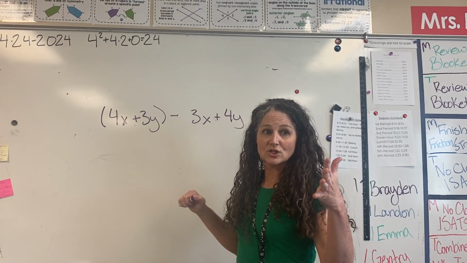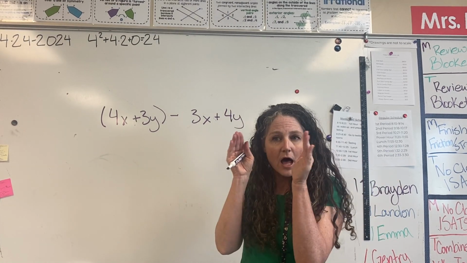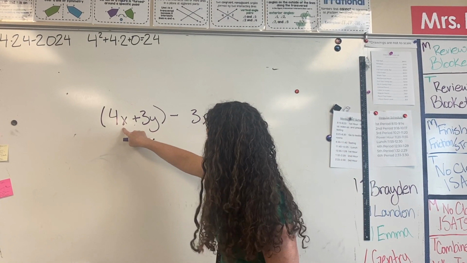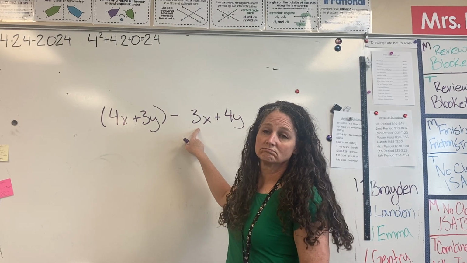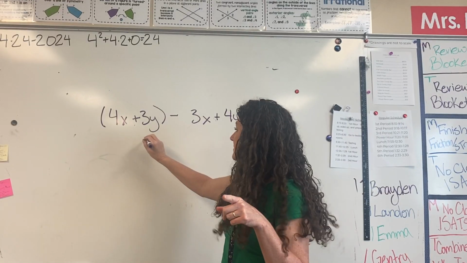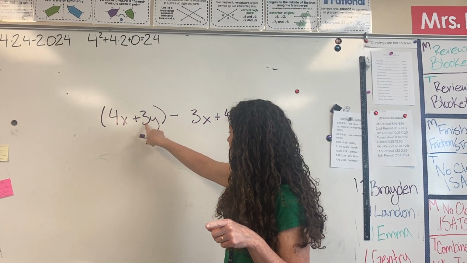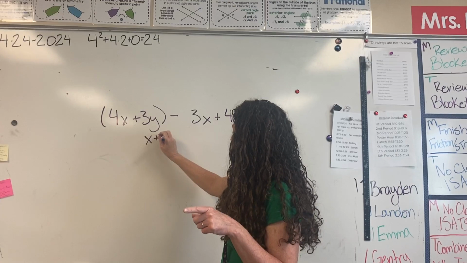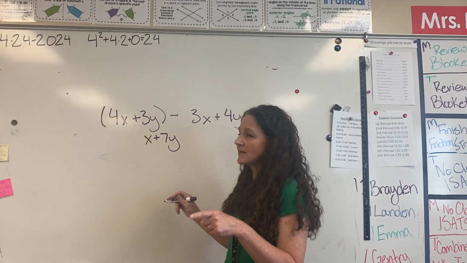I dealt with that negative and I dealt with the parentheses. So what is 4x minus 3x? 1x. Do I need to write the 1? No. What is 3y plus 4y? 7y. Do you see how we did that?